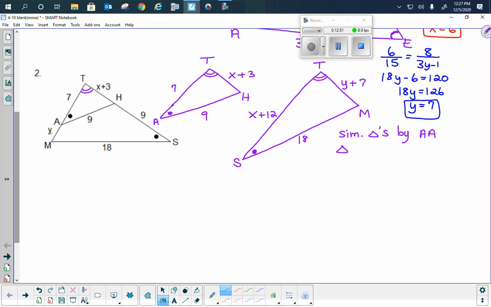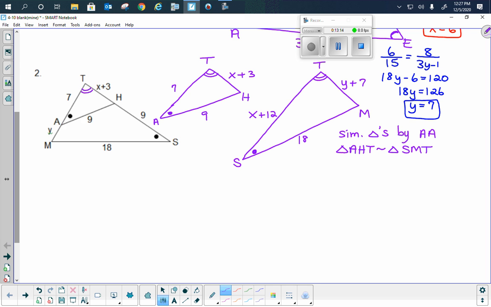First one, the small one alphabetically would be triangle AHT, is similar to triangle, match the markings. It would have to be SMT. And now, if you'd rather do letters and take them off, you're going to do AH over SM, HT over MT equals AT over ST.